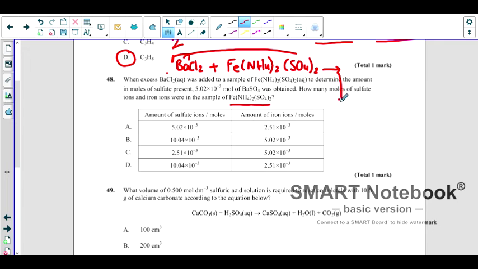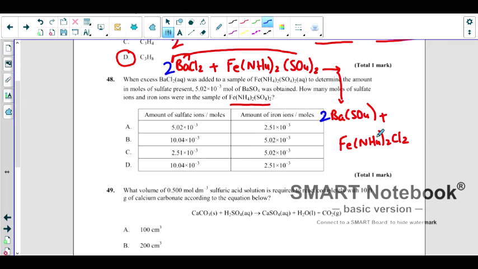You will get BaSO4. And what next will you get? This chlorine will replace here, and you will get Fe(NH4)2Cl2. When you want to balance the equation, you should put a 2 here, and you must put a 2 here. So the equation is balanced.